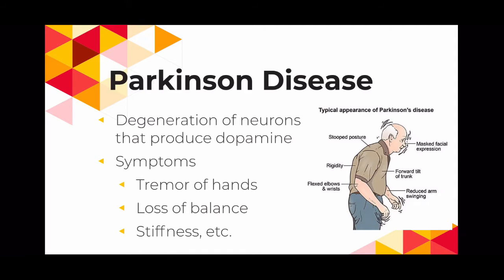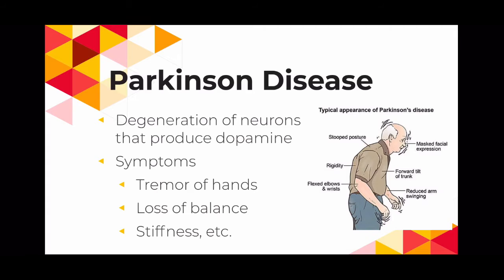About 10% of the cases of Parkinson's are genetic, but the other 90% are not. And that's a little worrying. We don't really understand how it comes about. There are no real predictors of it. Even if you have the genes for Parkinson's, it doesn't mean that you are going to get it.